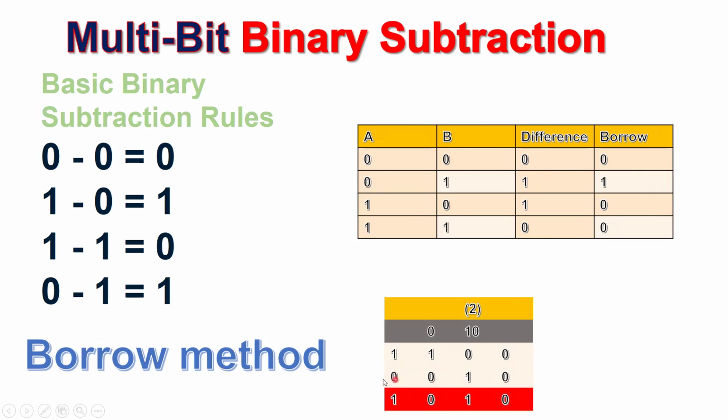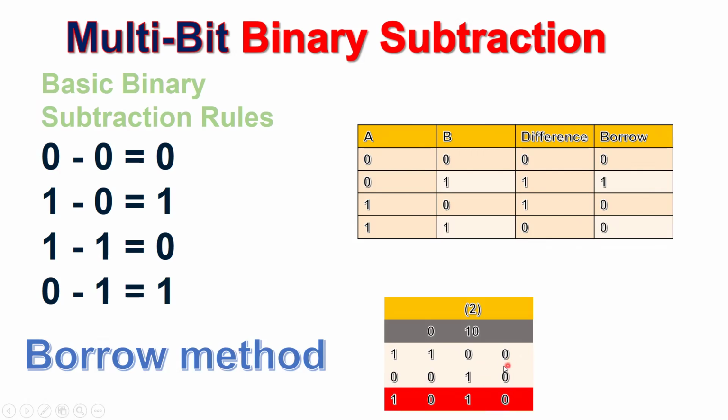So the decimal equivalent here is 2. So you see that there are 4 bits. This bit, in number A and number B, starting from the rightmost, is the LSB. This bit is the most significant bit in number A and number B, that is the MSB.